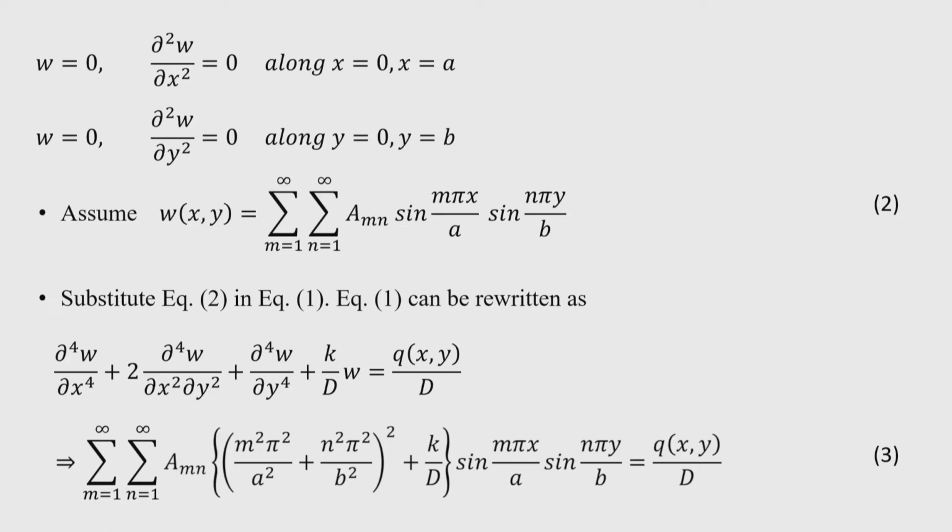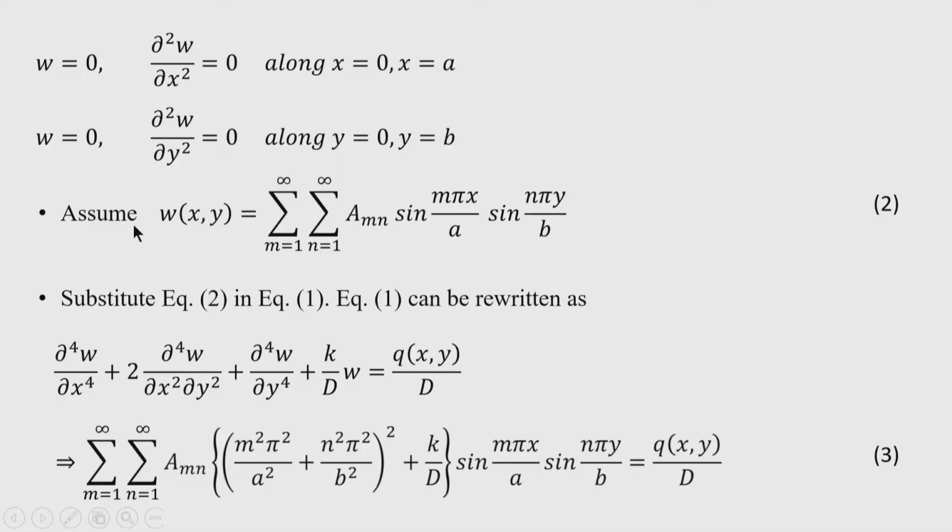So, regarding the curvature along the x direction, you can see that the plate edge y equal to 0 is parallel to the x axis. If it is parallel to the x axis, then there cannot be any curvature along the x axis. So, the curvature term with respect to x is omitted here. Similarly, here also you can see this condition.